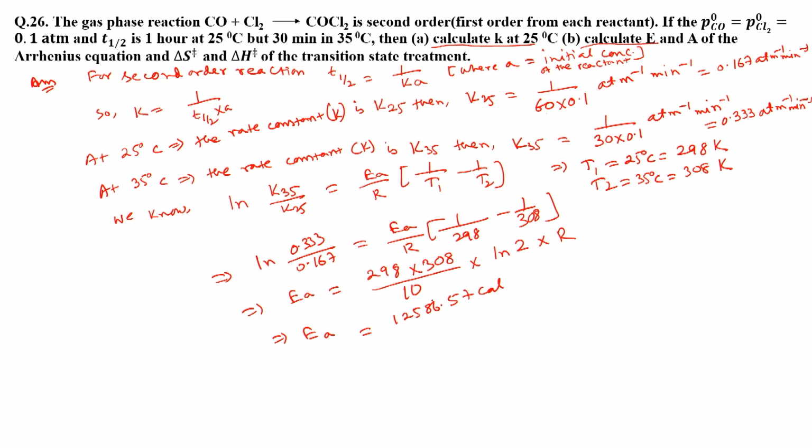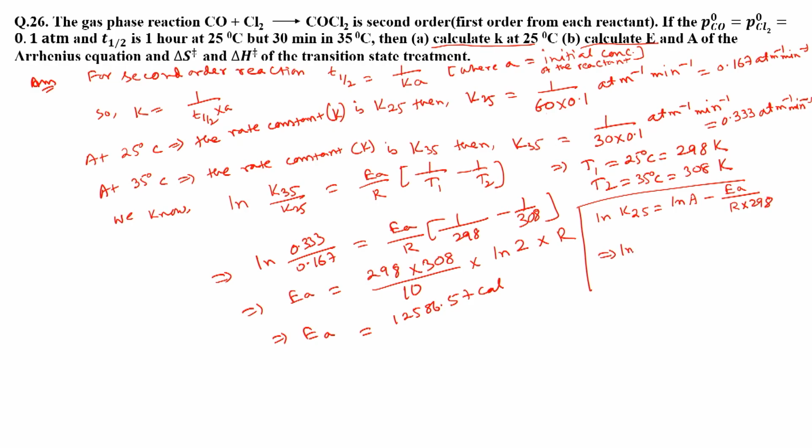Activation energy we calculated, and then we need to calculate A, the pre-exponential factor. We know ln K25 is ln A minus EA by R times 298.